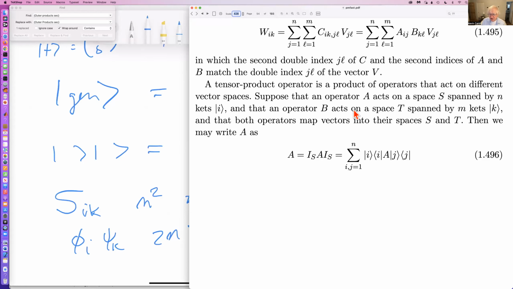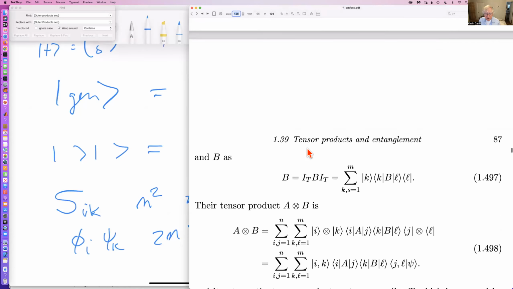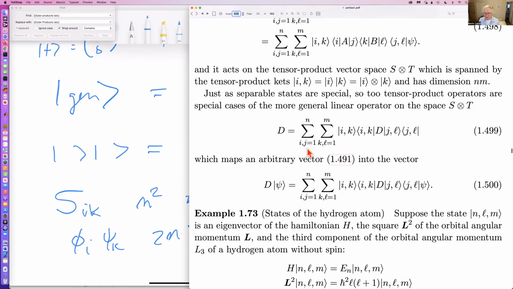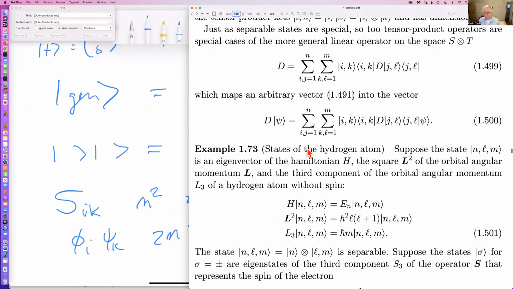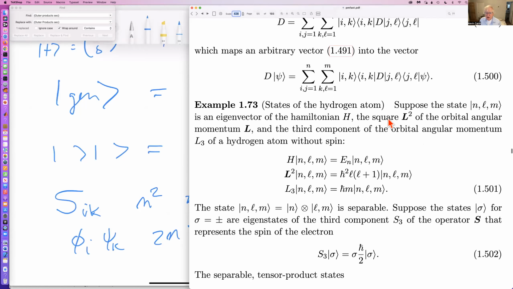And you can also have a tensor product operating in the same vector space, of course. Tensor product operators are very special. The general operator takes the basis ket JL into all the possible basis states IK with this coefficient.